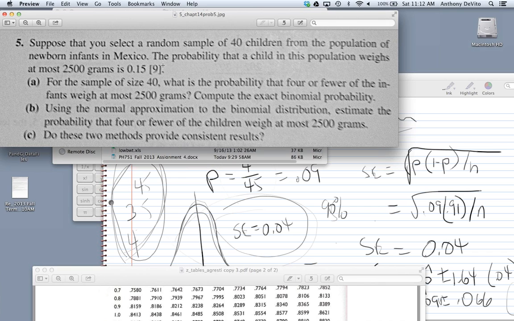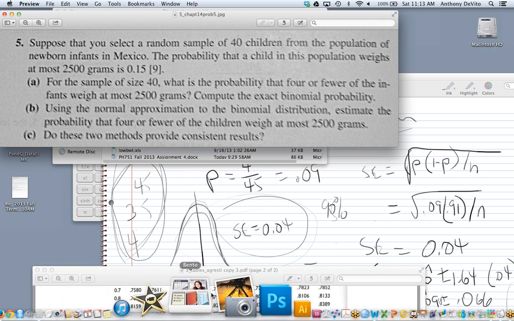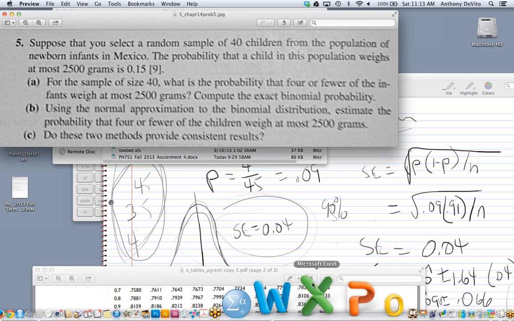We did this before when we were talking about the binomial distribution. They are asking what's the probability that if you took a sample of 40 children, given this population, only 4 or fewer were underweight. That's the binomial distribution. In part A, they threw us a bit of a curve. So I'm going to bring up Excel because that's the easiest way for me to do a binomial distribution.